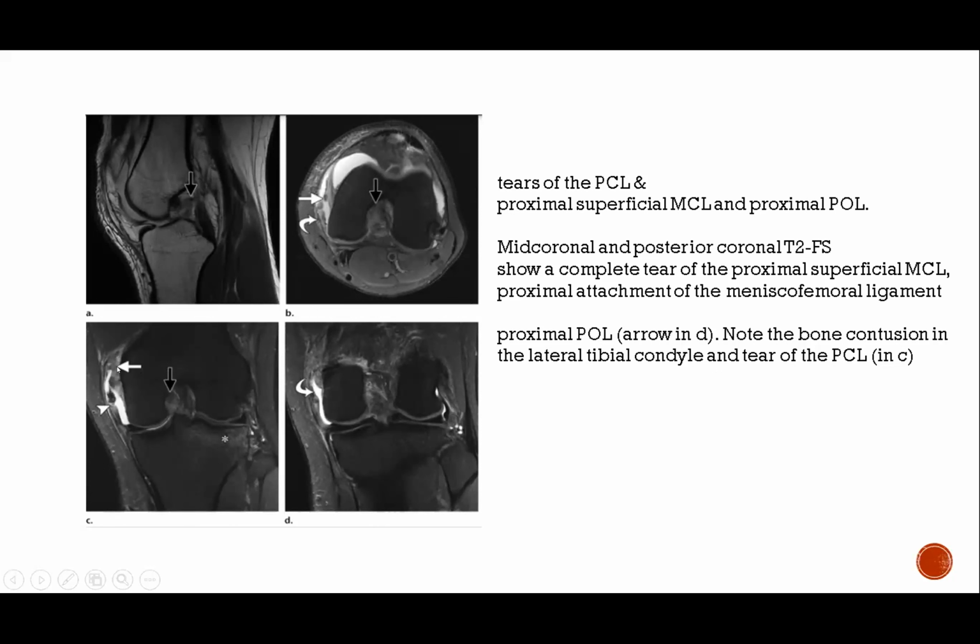So again, tear is reconfirmed. Superficial MCL is torn, and meniscofemoral ligament is also torn. This is part of deep MCL. So this is the POL. So here we see superficial MCL, and this is POL. And also contusion on the lateral femoral condyle.